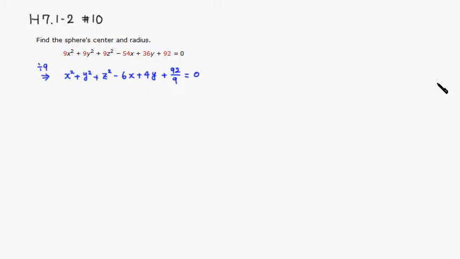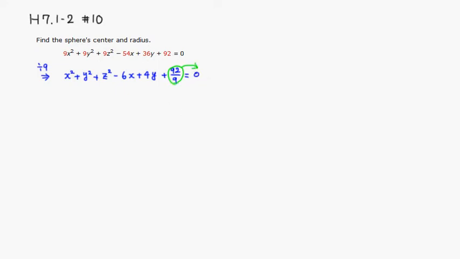Another thing I'm going to do is group all the x's together, y's together, and the z's together, and also put the constant term over to the other side.